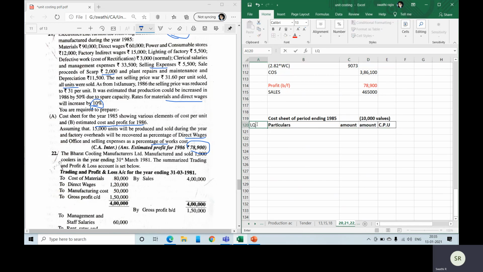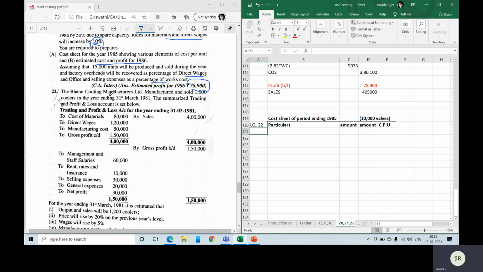This is going to be a long question, 22. Long question 22. Bharat Cooling Manufacturing Limited manufactured and sold 1,000 coolers. So the change here is it's 1,000 coolers, for the period ending 31st March 1981.